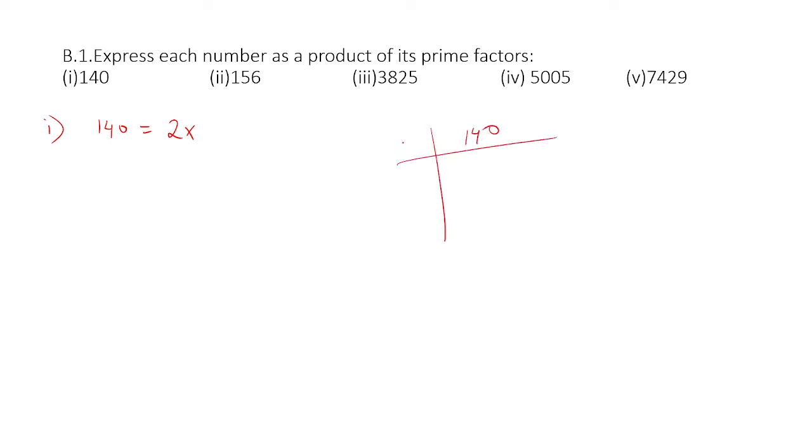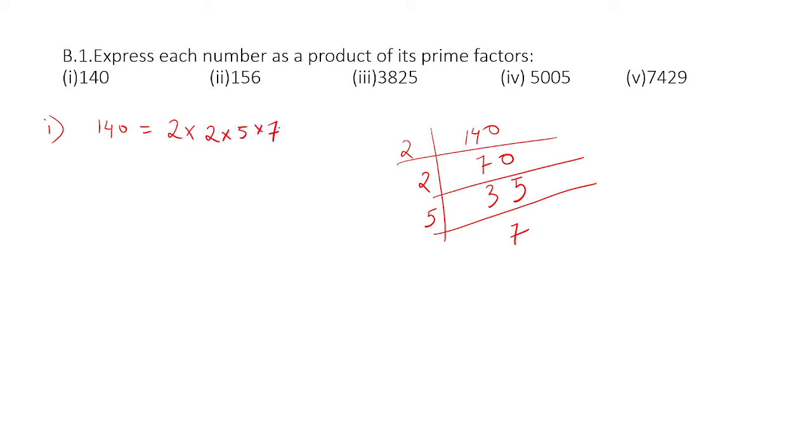You can write this as 2 times 70, right? Now it still ends with 0, so it can still be divided by 2. So 2 times 35, and 5 into 7 is 35. So the prime factorization of 140 is going to be 2 into 2 into 5 into 7.